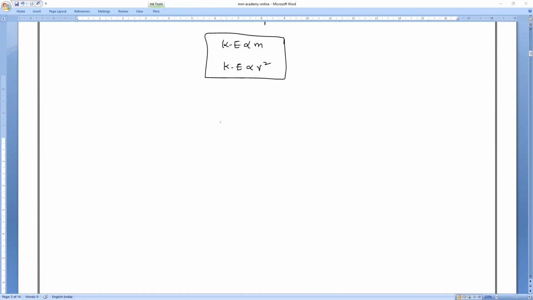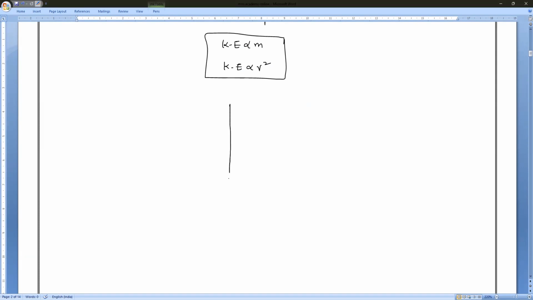Okay. So if I consider the kinetic energy graph where mass remains constant, please remember velocity is not constant. So what remains constant, all of you? Mass remains constant. If I plot the graph of kinetic energy versus velocity, the graph will come as a parabola.